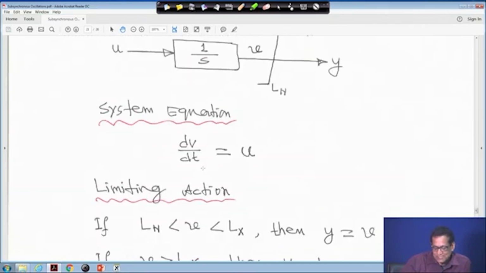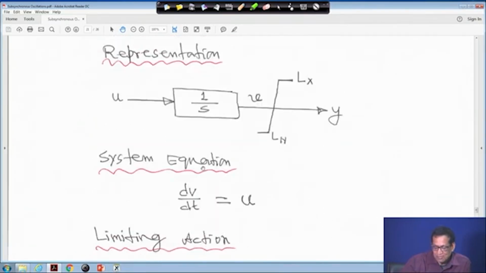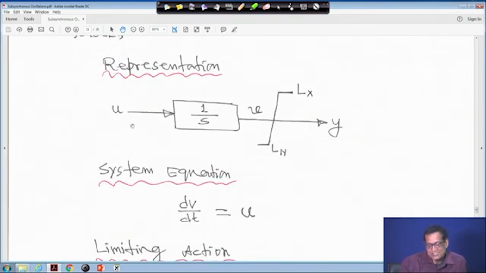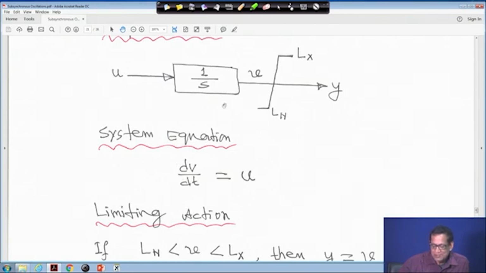So, first you see the wind up limit representation. The input is u, this is an integrator, the output is v, but it is restricted to Lx and Ln, and this output is y. Now, how does it behave when we put this symbol? First, the system equation will be dV by dt.